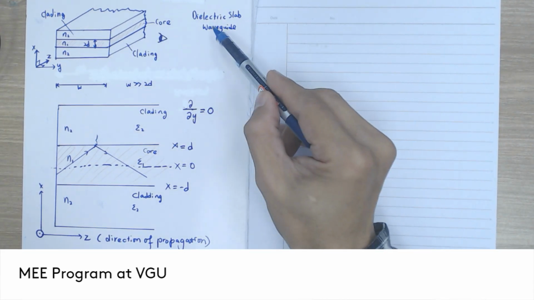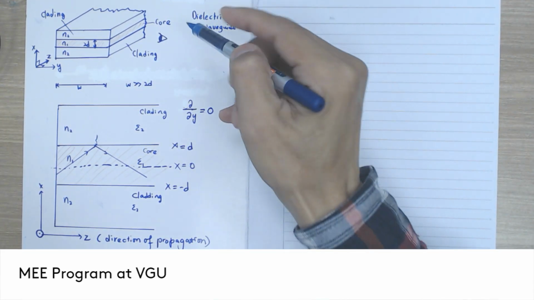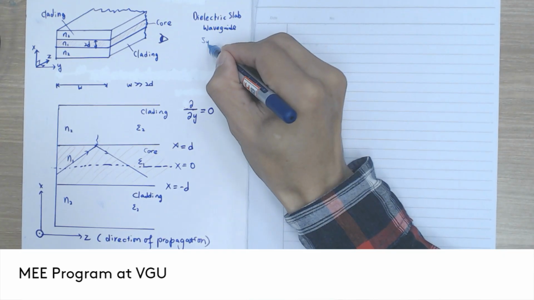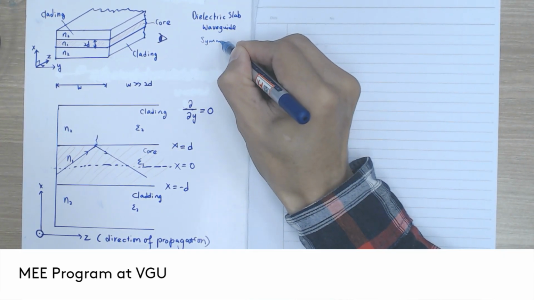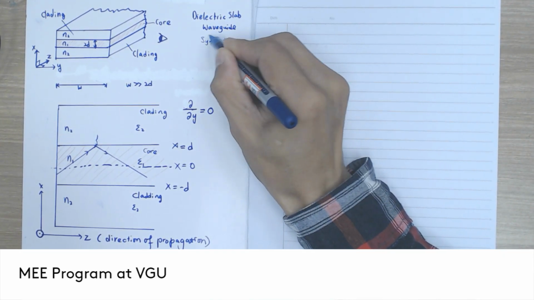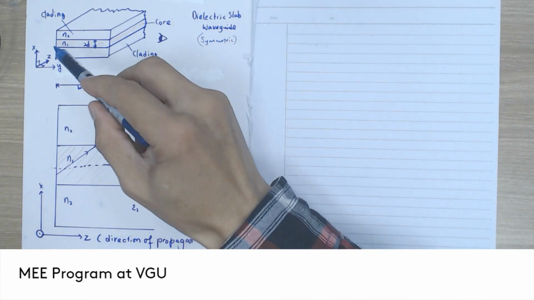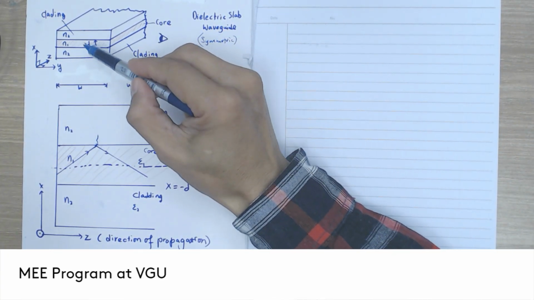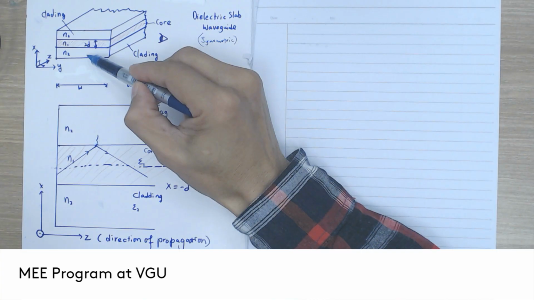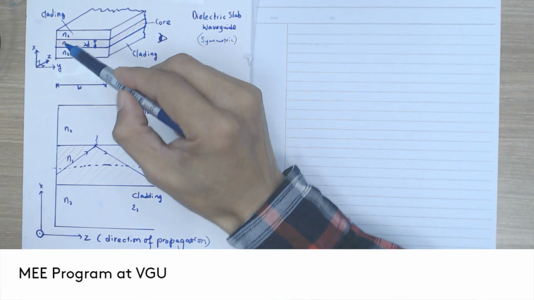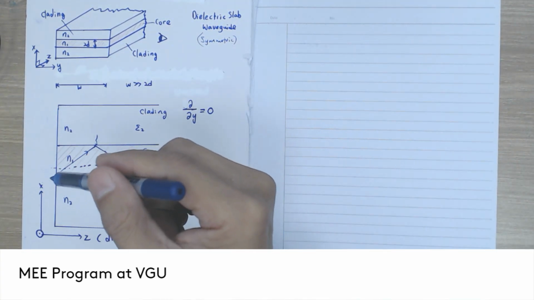For a symmetric dielectric slab waveguide, I have to assume that the cladding layer on the top and the cladding layer at the bottom are the same. And this is today's focus.